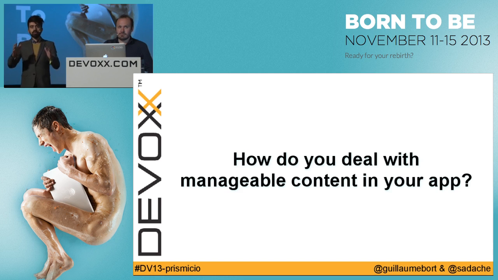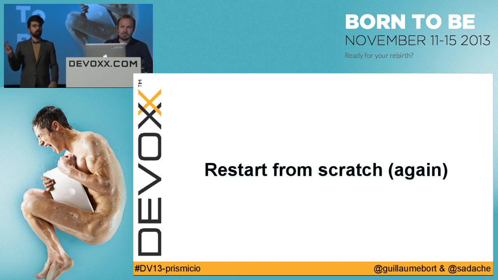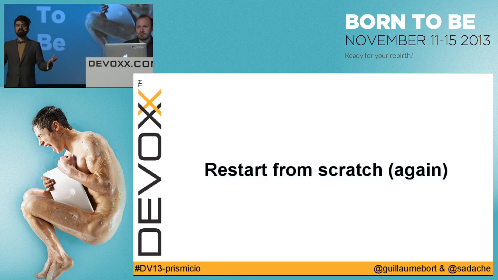And as soon as you think about manageable content in your app, you're actually in front of one of three choices, okay? So the first thing you would say to yourself is like, hey, content is data, and data goes in a database, and I'm not going to do anything from the CMS world that we'll be talking about later, but I will be doing everything myself.